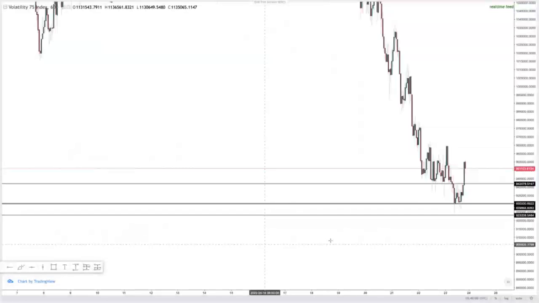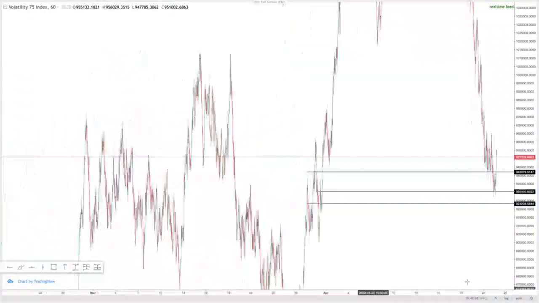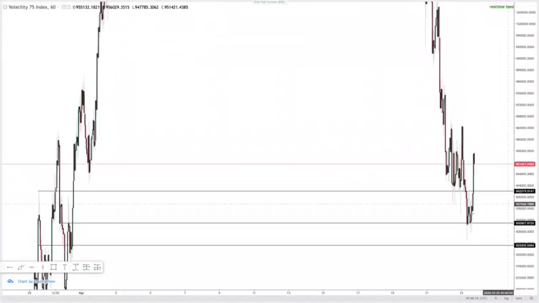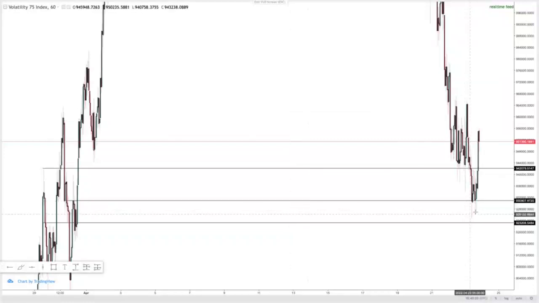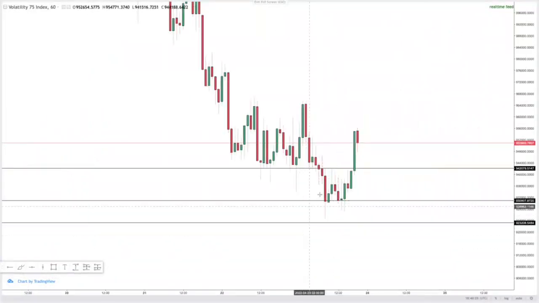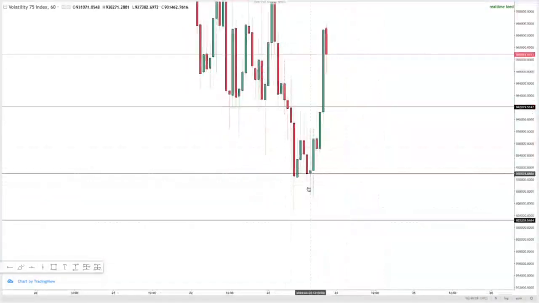So price came to respect the invalidation point we had right here. Though price broke structure, price still respected our invalidation point right here. So after price respected our structure, price came back for a re-entry right here.